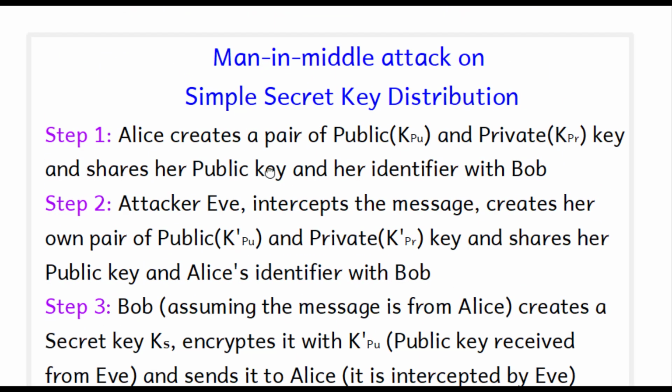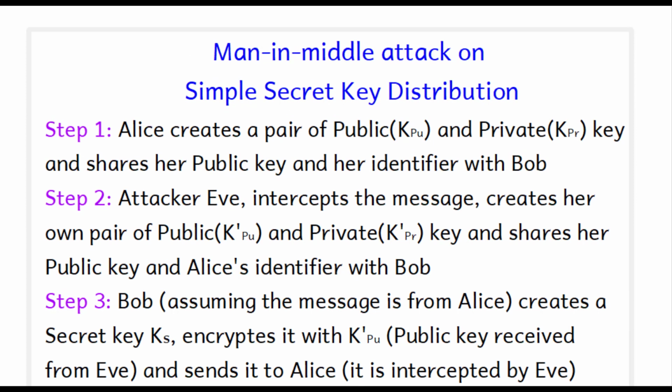Now how does this happen in this case? In step 1, as previously, Alice creates a pair of public and private keys, KPU and KPR, and shares her public key and the identifier with Bob. Now in step 2, there is an attacker, Eve.